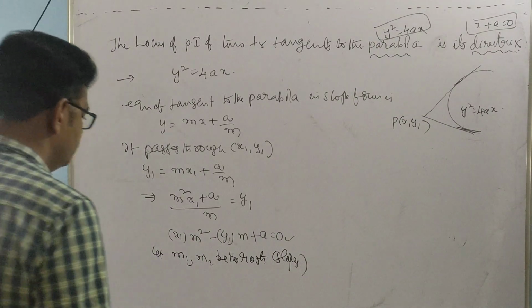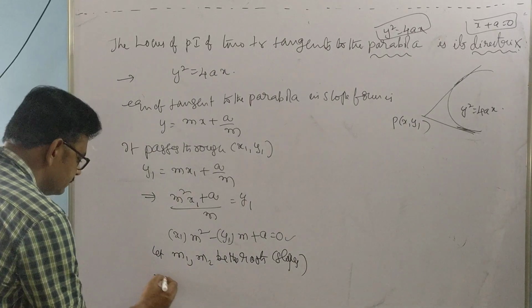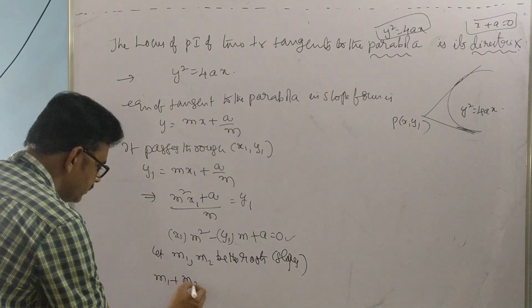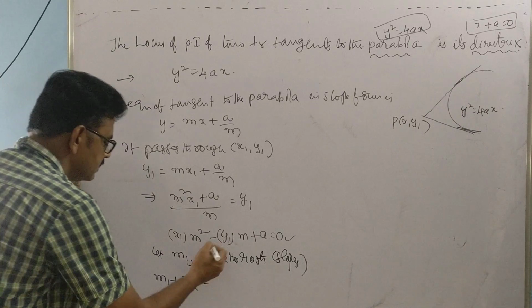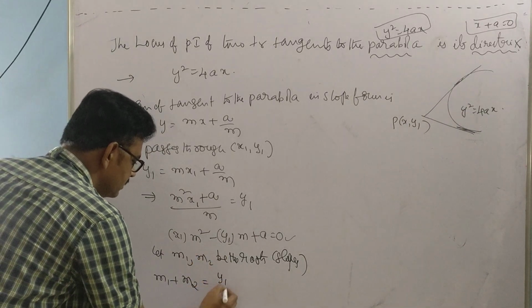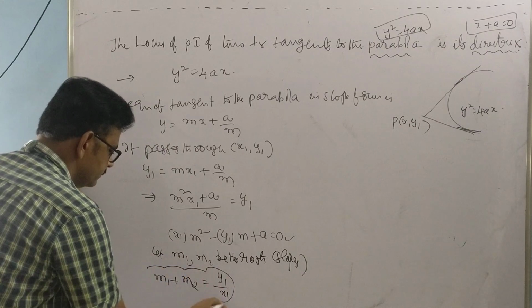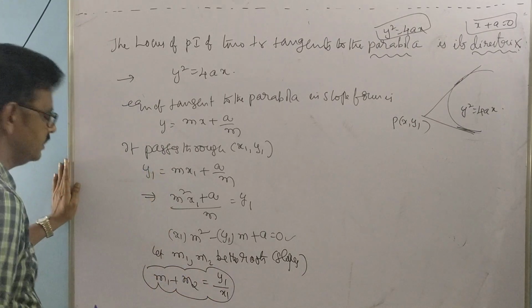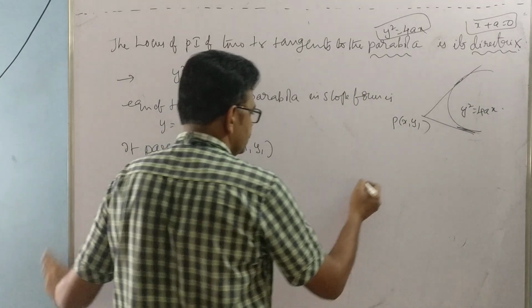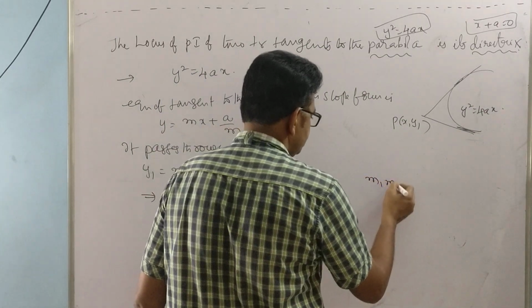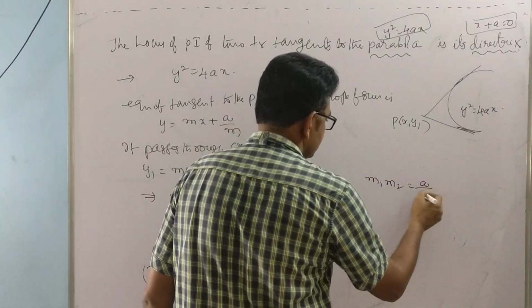Now, what about m1 + m2? The sum of the roots is -b/a, which is y1/x1. And m1 m2 is a/x1.